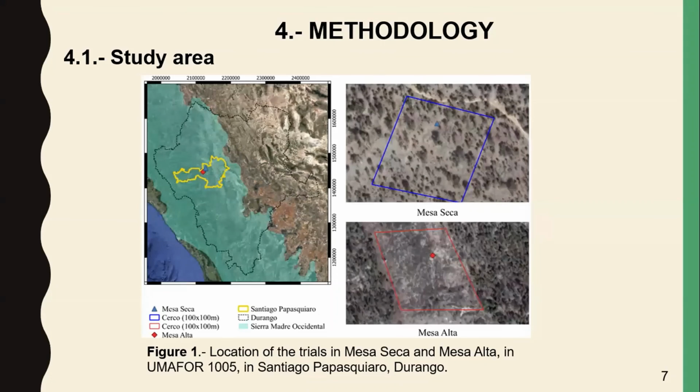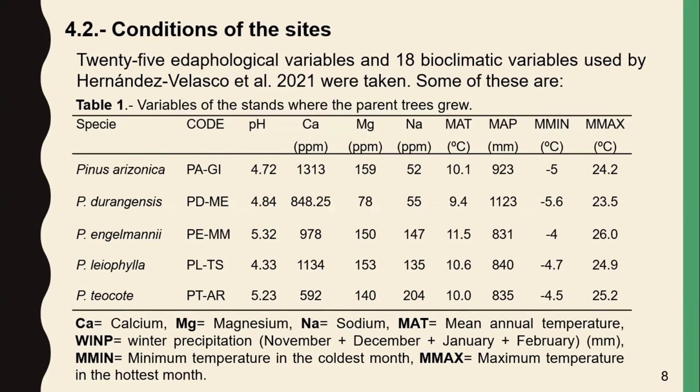As mentioned, this work is being followed up and worked on at the same time. That is why we are using the same images as my partner Ricardo. For the conditions of the sites, 25 edaphological variables and 18 bioclimatic variables used by Hernández Velasco et al. 2021 were taken.